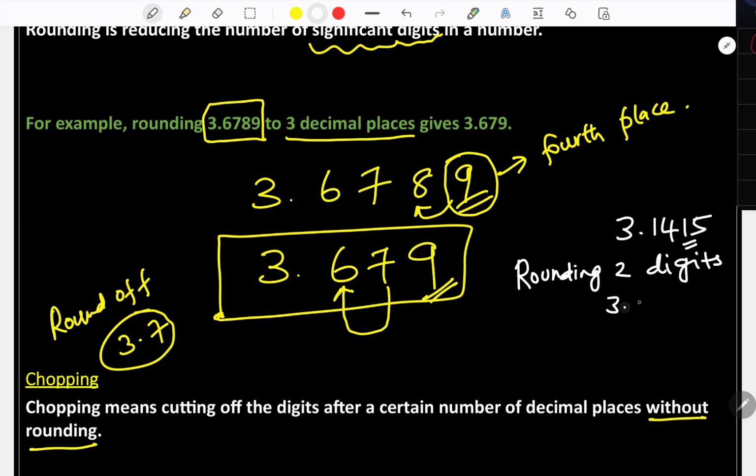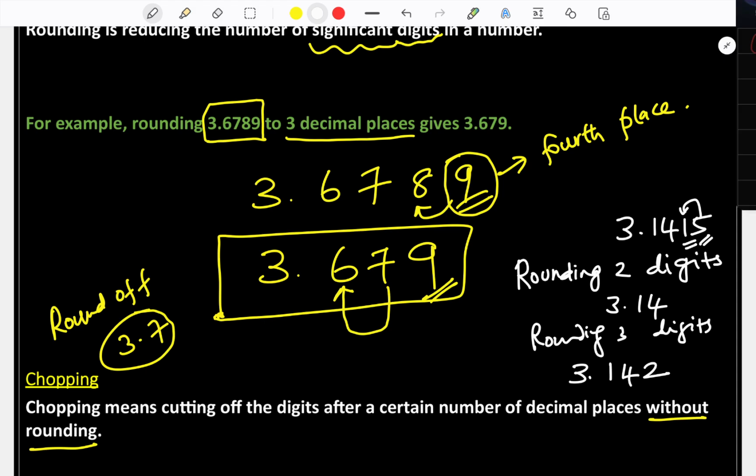No. So rounding to 2 digits is 3.14. Suppose I say rounding to 3 digits. See the fourth one, it's 5. So what you need to do is add 1, which gives 3.142.